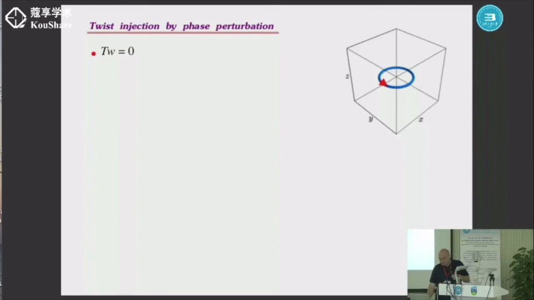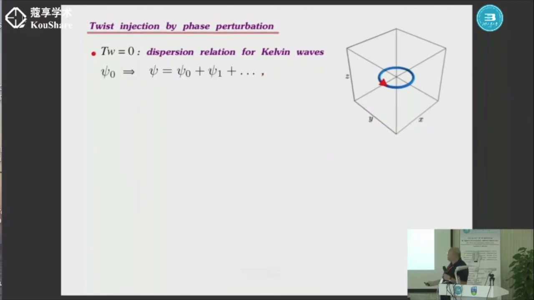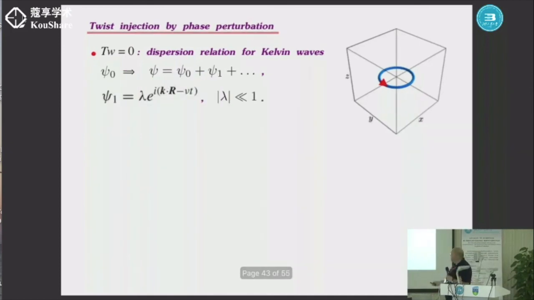I set twist equal to 0. I have my vortex ring without twist. I look for the dispersion relation for Kelvin waves. I take the fundamental state, and I consider a perturbation on the fundamental state, and then evidently I have the perturbed state given by some dispersion relation that can be traced out from plugging in this psi 1 form.